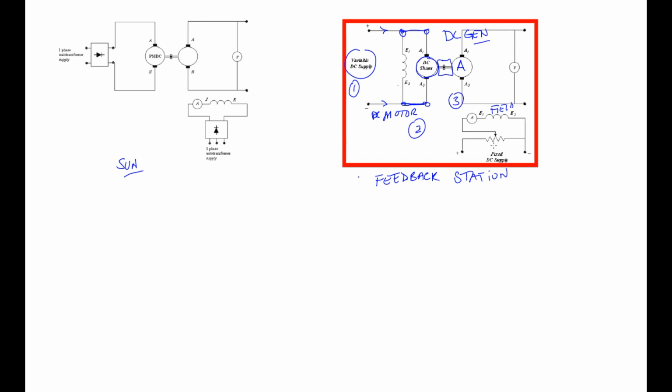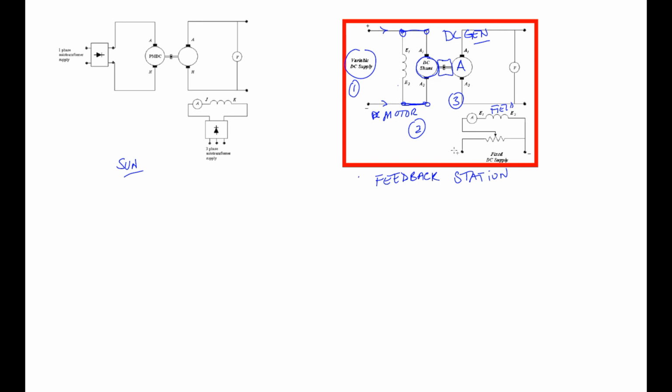The other equipment: since we don't have two variable DC supplies in our station, we have only one, so we'll be using one variable DC to supply our motor to make the speed variable.